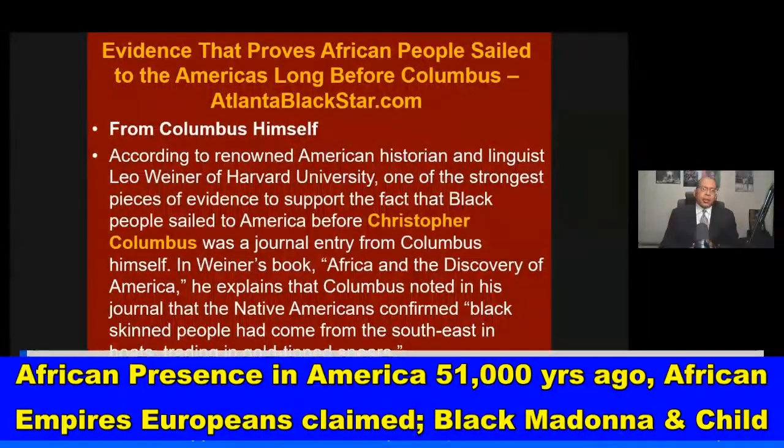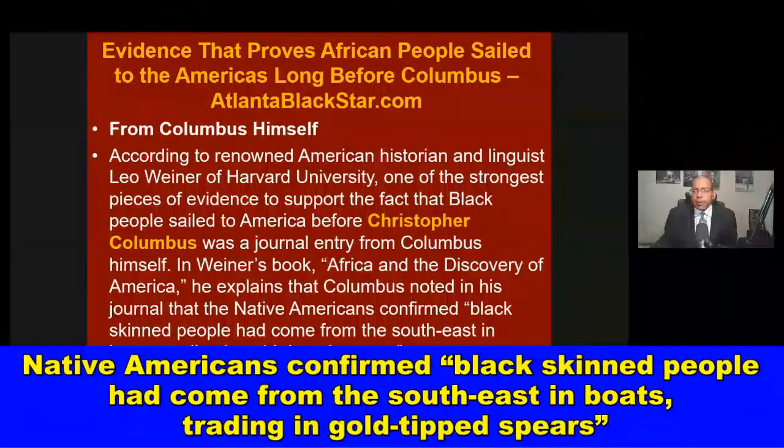According to renowned American historian and linguist Leo Weiner of Harvard University, one of the strongest pieces of evidence to support the fact that African people or Black people sailed to America before Christopher Columbus was a journal entry from Columbus himself, in Leo Weiner's book, Africa and the Discovery of America.